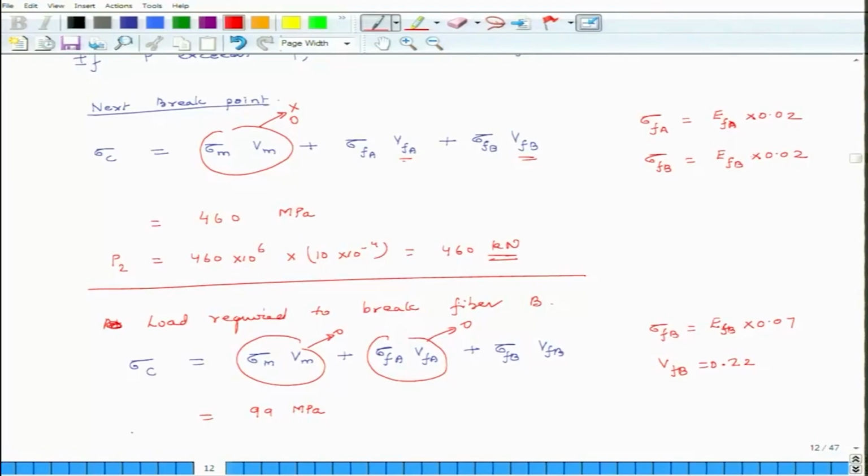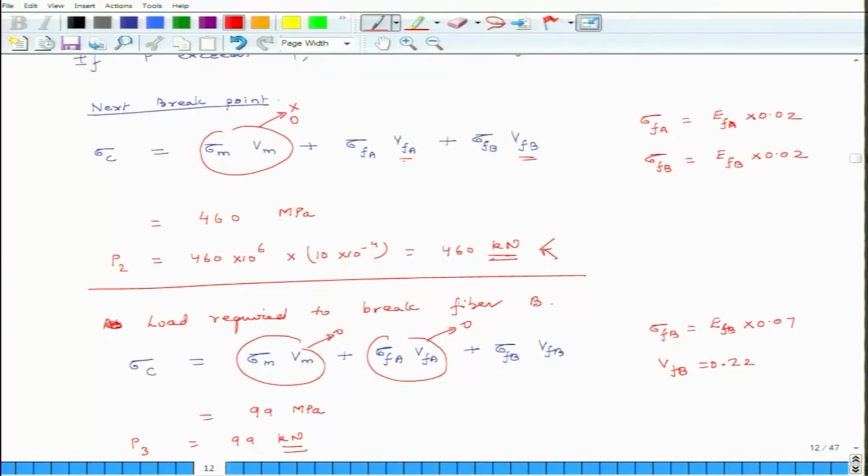Okay, let's do one more computation. P3 is equal to 99 kilonewtons. Okay. So, once fiber B breaks, I am sorry, once fiber A breaks at breaking point, it is having 460 kilonewtons, right?